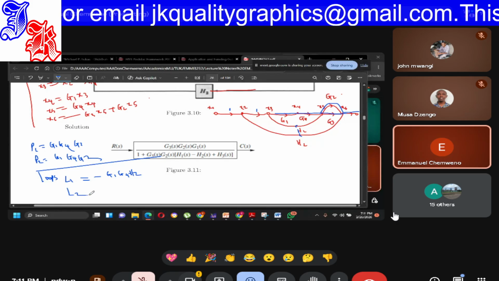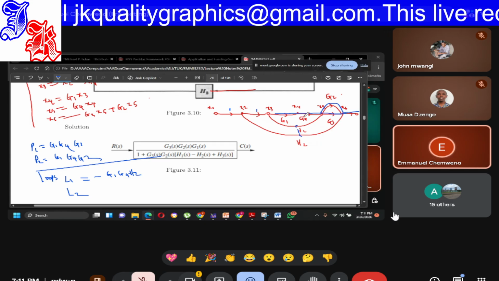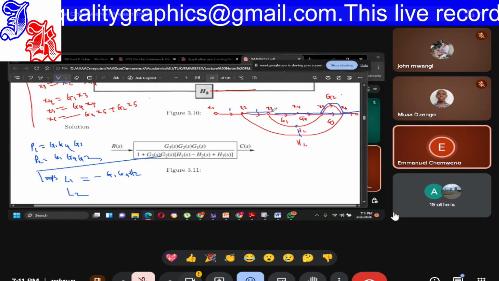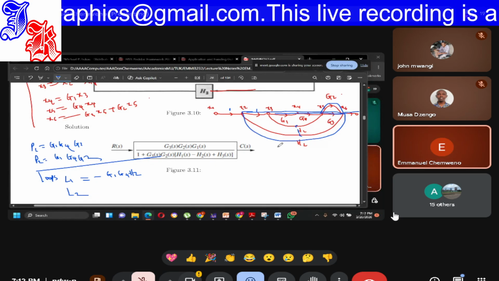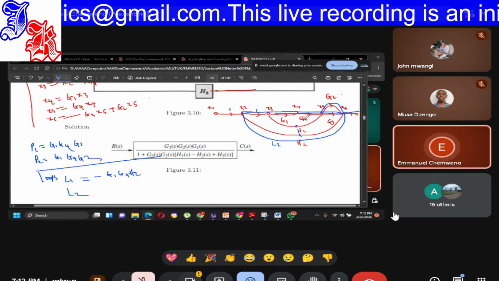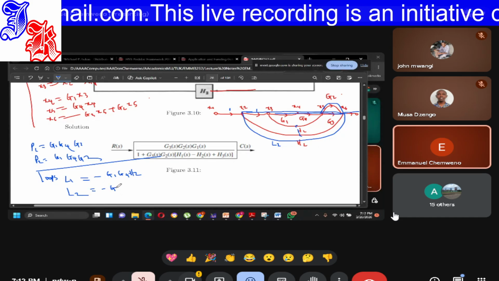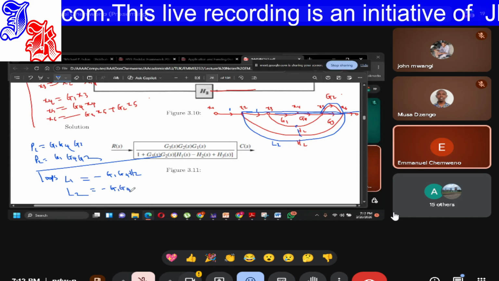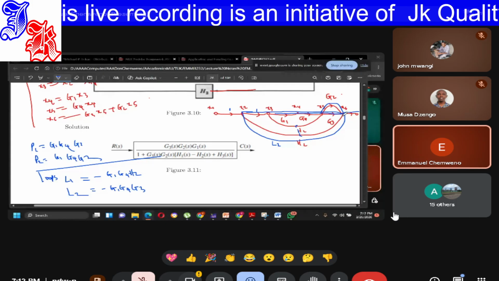Loop 2 is this loop 1, G1, G4, G3. So loop 2 is this one.